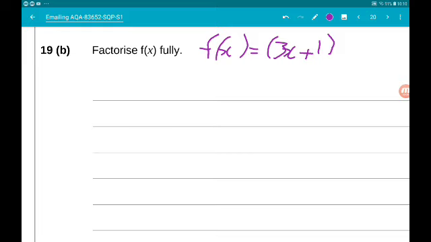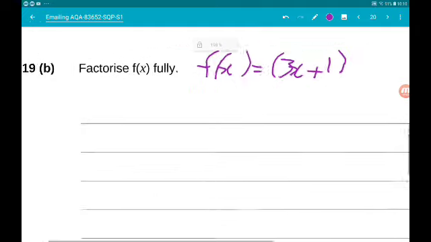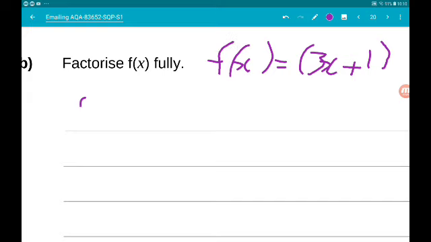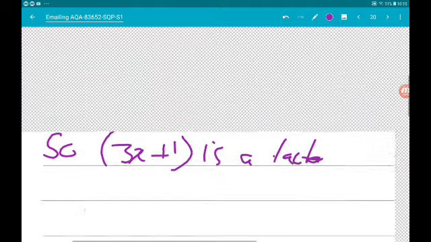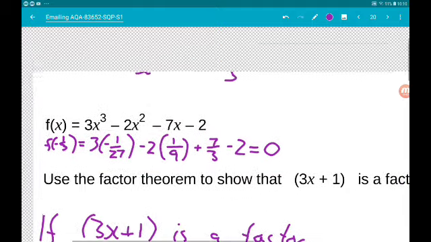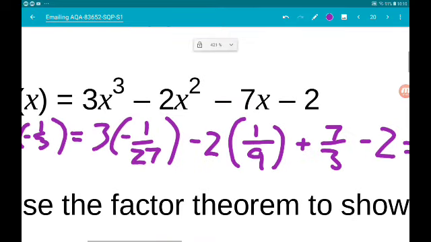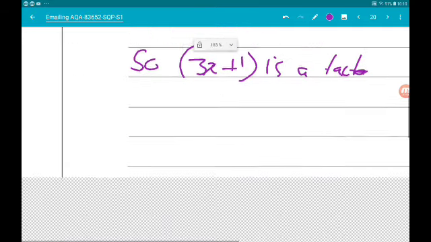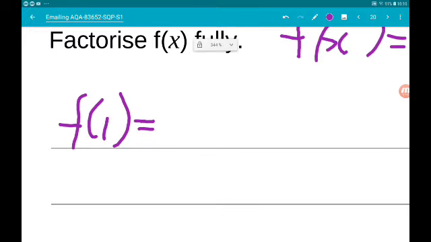Let's see if we can find any other linear ones using the factor theorem. So, let's try f of 1. So, f of 1 is going to be 3 times 1, so 3 minus 2, which is 1, minus 7, which is minus 6, minus 2, which is minus 8. So, f of 1 is minus 8.